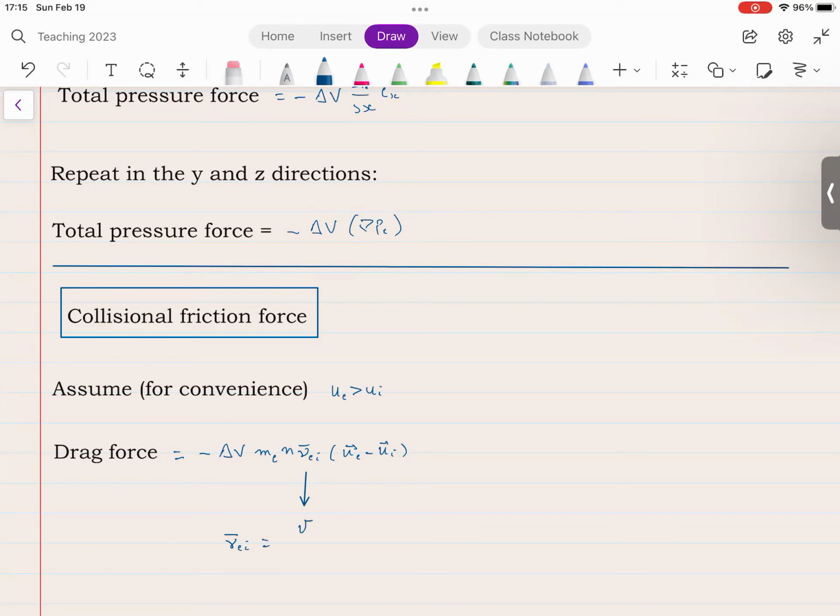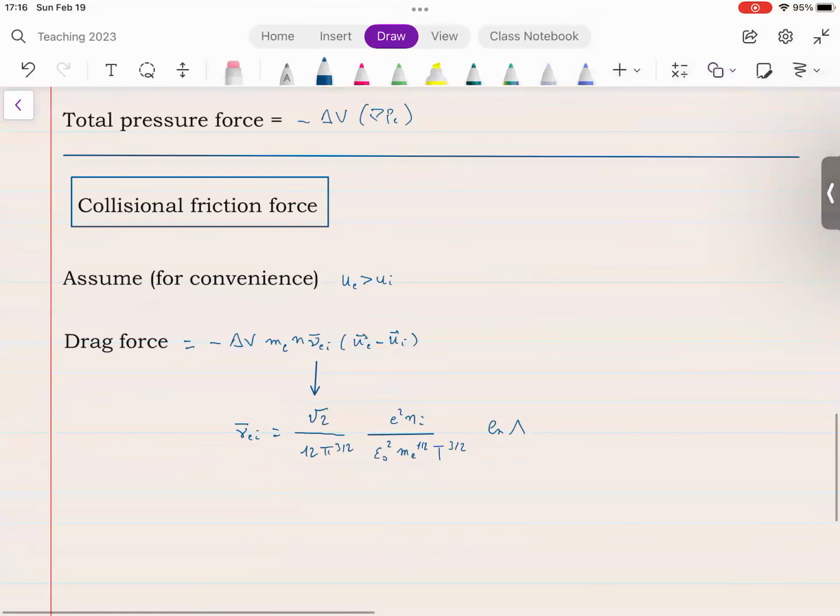If I didn't, I have square root of 2 over 12 pi to the 3/2 times e squared and I divided by epsilon 0 squared, m_e to the 1/2 times T to the 3/2, times what we call the Coulomb logarithm.